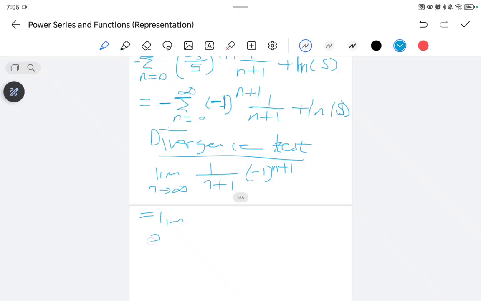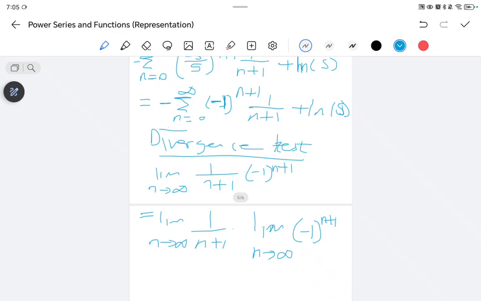Let me prove it. We can have the limit as n approaches infinity of 1 over n plus 1 times this. Yes, it will oscillate between minus 1 and 1, because this one is an alternating series. Since this oscillates between minus 1 and 1, it diverges, because when it converges, it should converge to a certain limit.